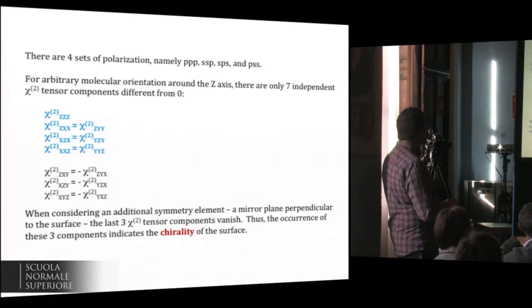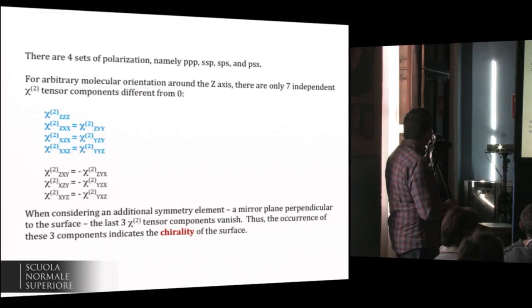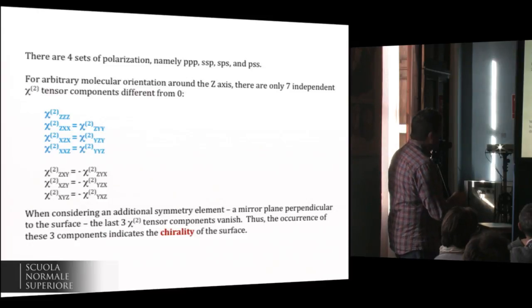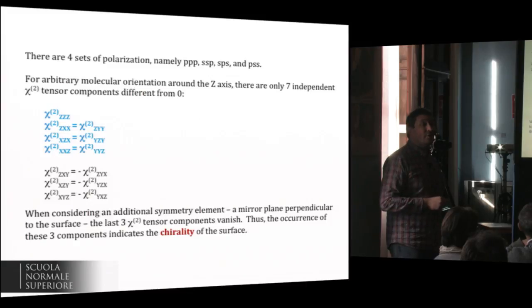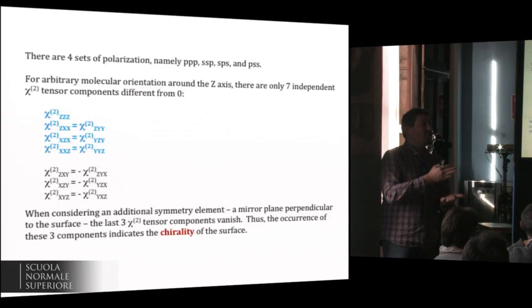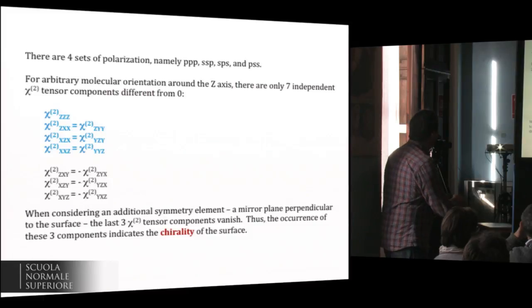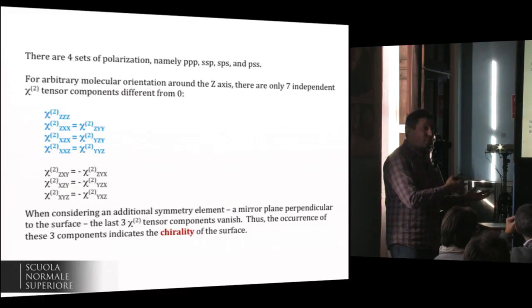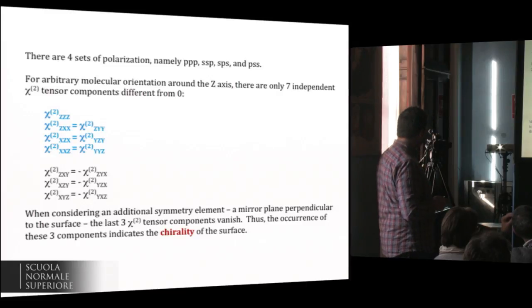So these are the ZZZ, ZXX, XZX, and XXZ tensor components. When I'm using these capital letters, I refer to the lab frame. If you do not have mirror symmetry for the molecules that you see at the surface, you need to consider 3 additional tensor components. In a sense, you are dealing with a chiral interface.